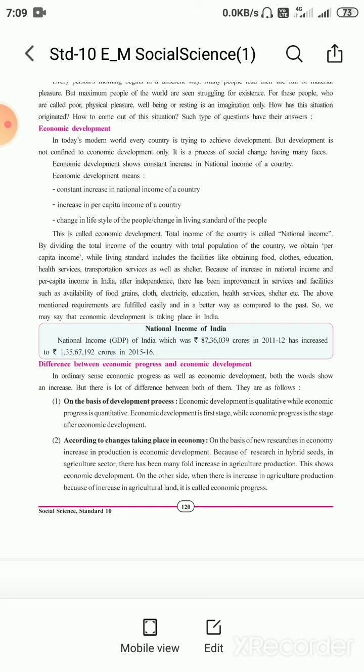We come to know by the figures available that national income, also known as GDP, gross domestic product of India, was 87 lakh 36,039 crores in the year 2011-12. It has increased in the year 2015-16 to 1 crore 35 lakh 67,092 crores.